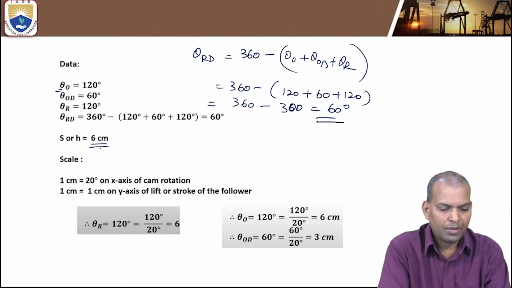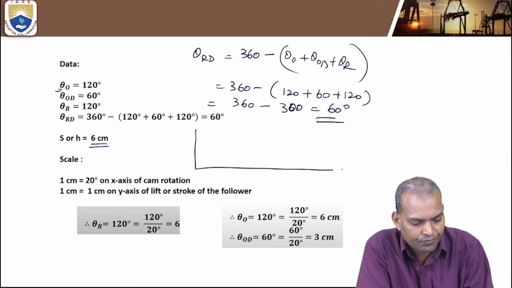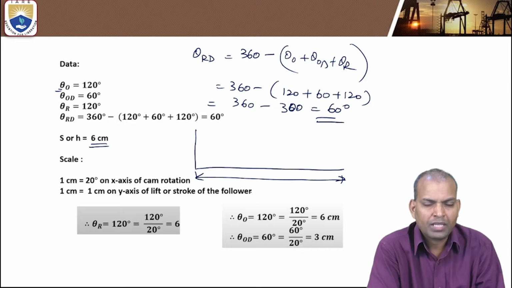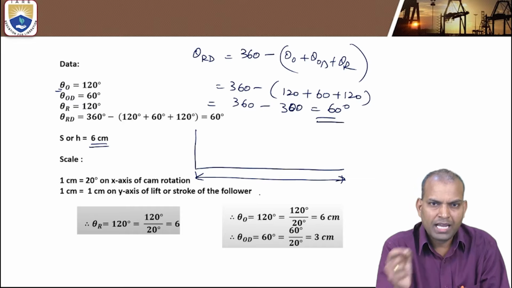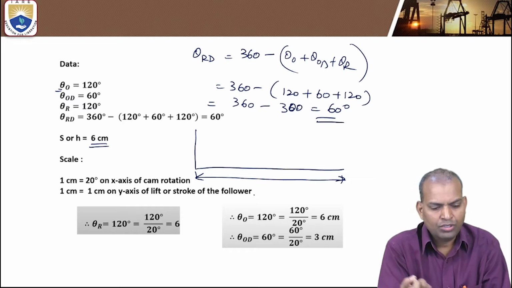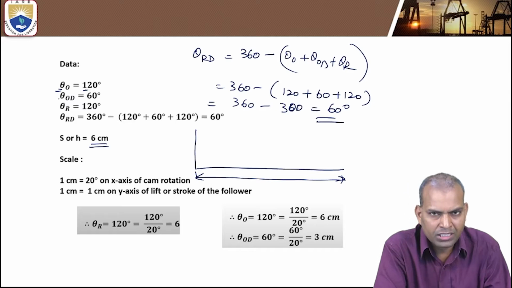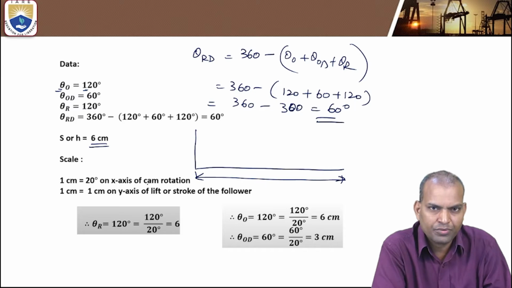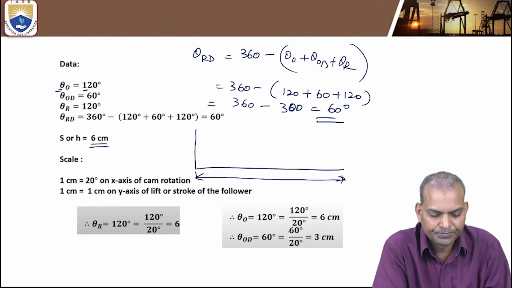We consider x and y axes. On the x axis we consider the time, the angle of dwell in degrees, the angle of return stroke, and the angle of rising or outward stroke. That angle is converted into a linear scale. We consider the scale 1 centimeter equal to 20 degrees of cam rotation on the x-axis, and 1 centimeter equal to 1 centimeter of lift or stroke of the follower on the y-axis.